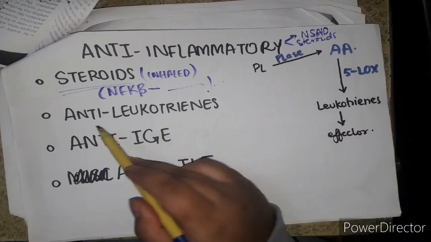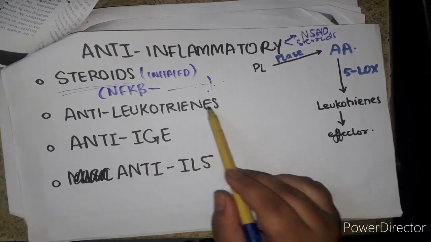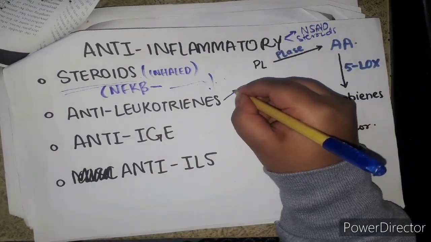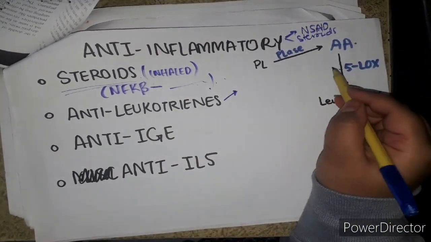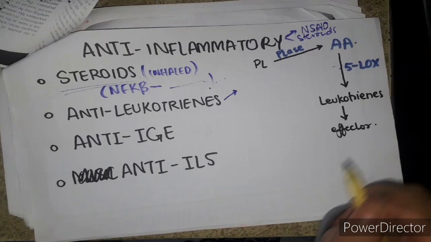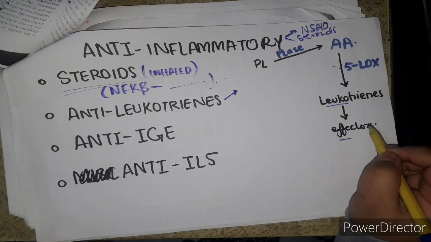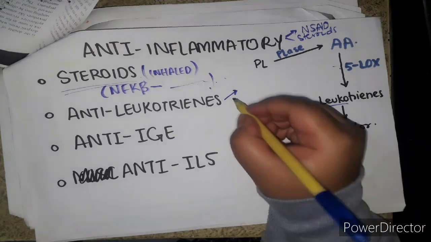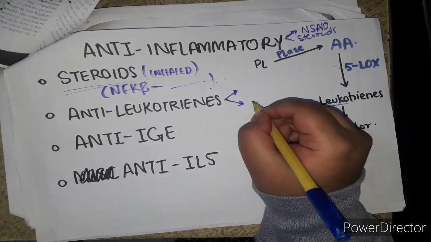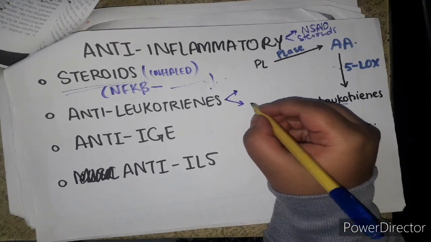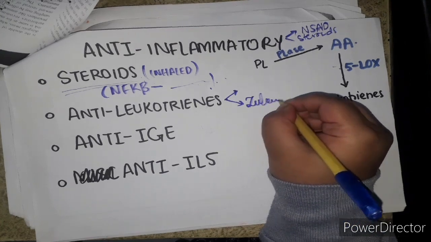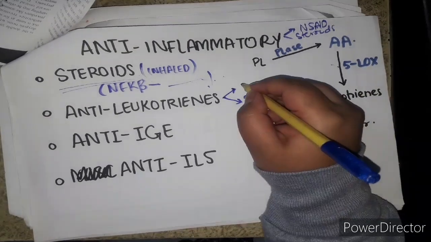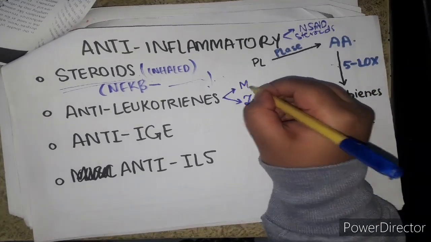And then we have anti-leukotriene drugs. I've already explained the mechanism. They are of two types. First are the 5-lipoxygenase inhibitors, as we've discussed, and the other one are leukotriene receptor inhibitors. I'll tell you the names of these as well. So 5-lipoxygenase inhibitors include zileuton, and the other one is montelukast.